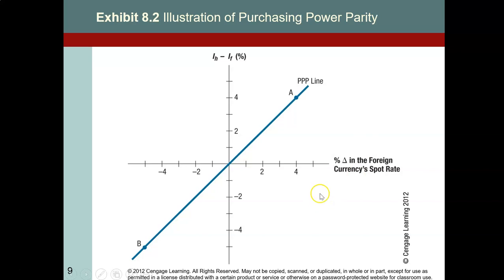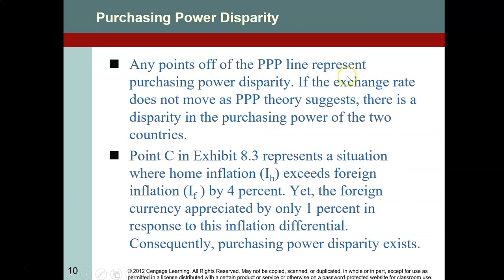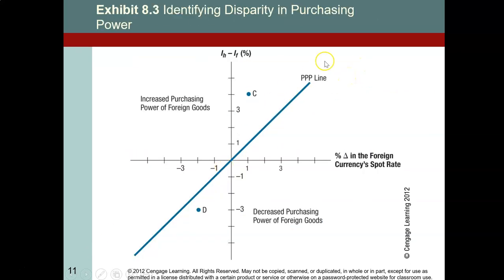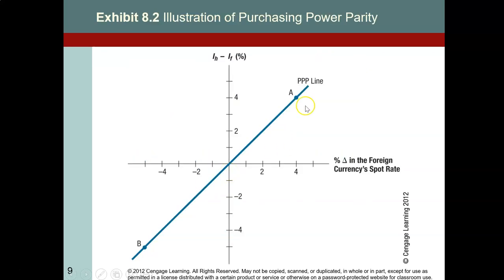Because the exchange rate of the foreign currency EF equals IH minus IF, the home inflation rate minus the foreign inflation rate, we have this purchasing power parity line, which is the same line as Y equals X. Any points on this line satisfy our equation that EF equals IH minus IF.